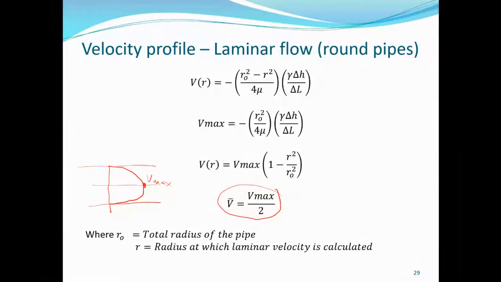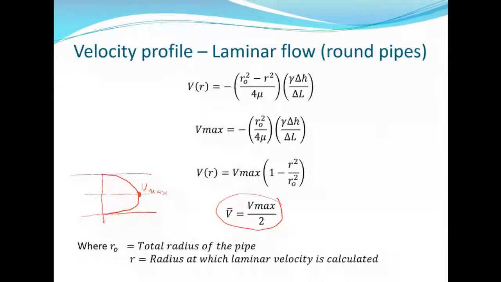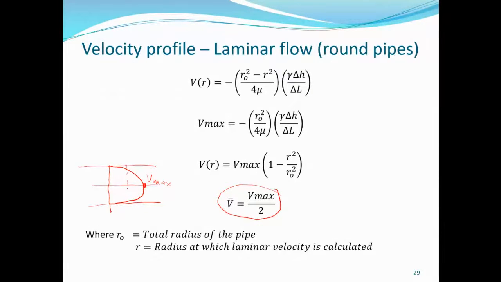But more often than not, we don't use the velocity distribution, to simplify our computational work. We normally use an average velocity of flow. For laminar flow we will derive and prove that the average velocity, V bar, is equal to the maximum velocity in the pipe divided by 2. So the maximum velocity is twice the average velocity. This we mentioned before, if you can remember, and this is for laminar flow.